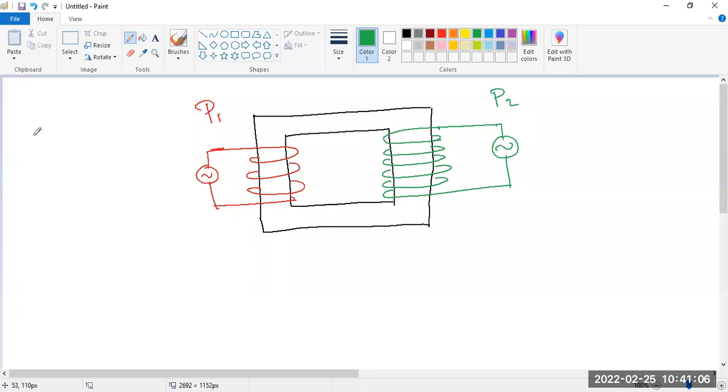So now my question is how. Whenever we give some current and it flows through this coil, just remember your Ampere's swimming rule.